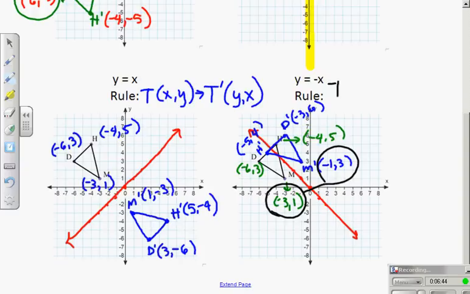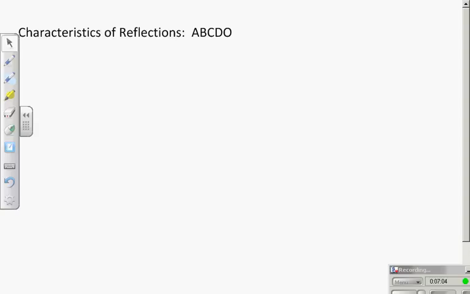Again, it seems like our x and our y are flipped, but so are our signs. And so my rule here is that I take my original and I do the opposite sign on the y first and the opposite sign on my x. So my old x and y are going to not only switch positions, but they also switch signs.